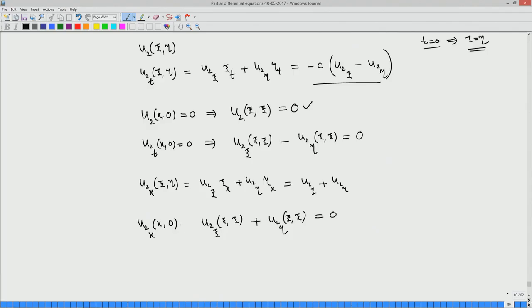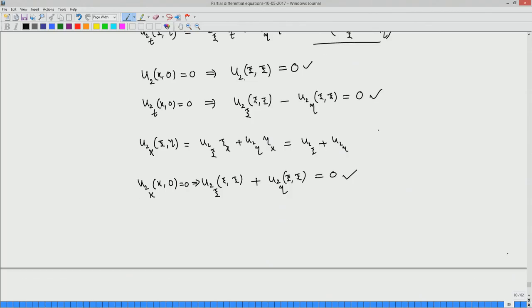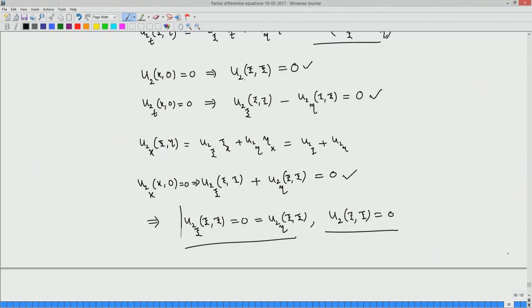This is equal to 0. Okay. Consider this and this: their sum is 0 and their difference is 0, that means each of them is 0. So, u2 xi equal to 0 is also true for u2 eta. And you also know that u2 at xi is also 0. So, these are the initial conditions in the new variables.